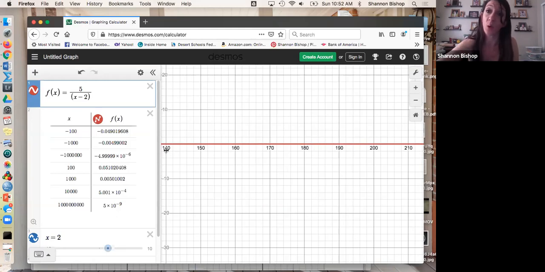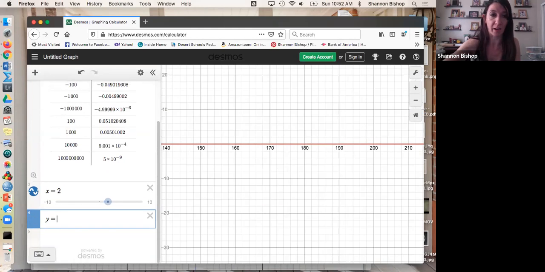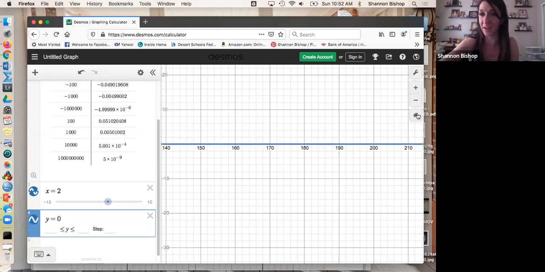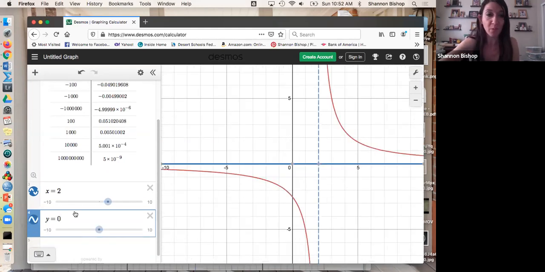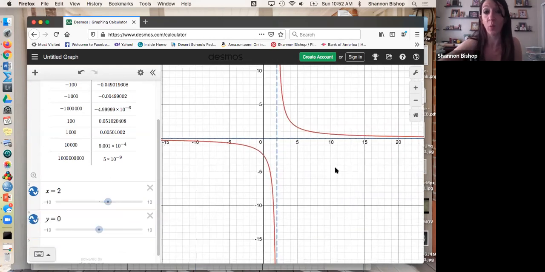So this guy has a horizontal asymptote at the x-axis, also known as the y equals 0 line. So let me go back to my home screen. Ideally, when we graph these, and I'll go back to my other screen in a second to show you that, we will be labeling both asymptotes.